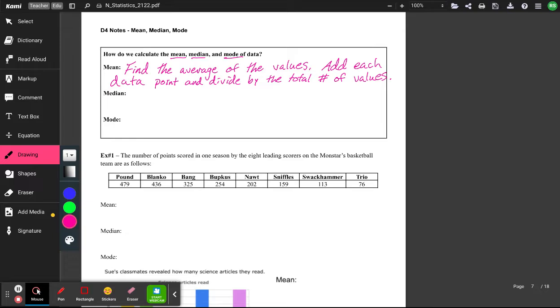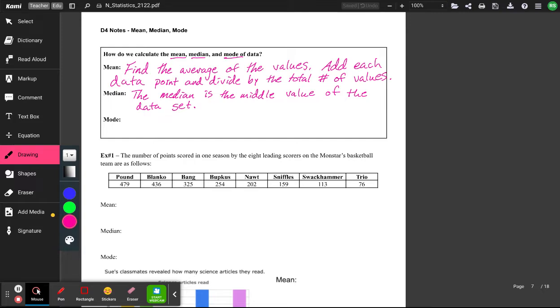The median is the middle point in the data set, or the middle value, not the average. The average might not actually be a value that exists within our set of data.